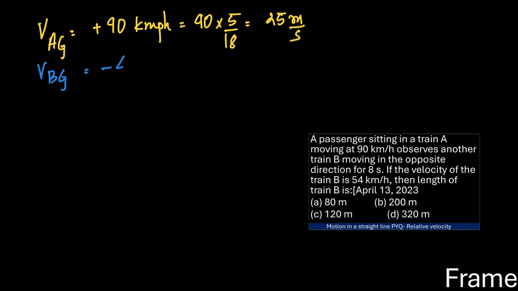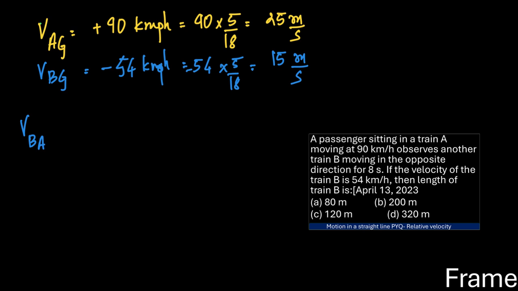It has to be minus. Why? Because towards left is negative, and since they are moving in opposite directions, yes, you can definitely take it the other way around as well. Shouldn't be a problem. So it is minus 54 into 5 by 18, which gives us 18 3s are 54, 15 meter per second, right? In which case, what is the velocity of B with respect to A?